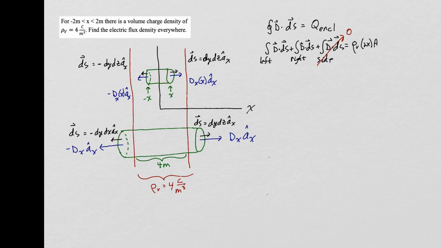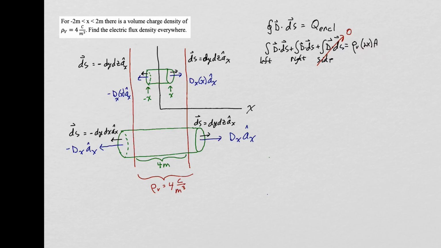And that will equal the charge enclosed in our Gaussian surface, which will be the volume charge density rho sub v times the length here, which is 2x, and call this cross-sectional area A, so the volume is 2x times A.